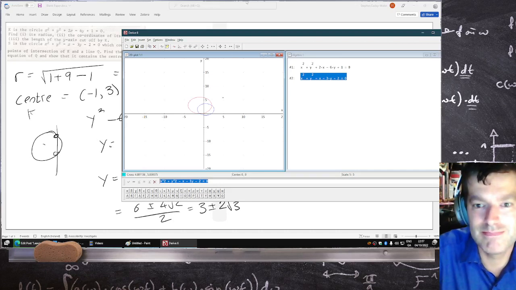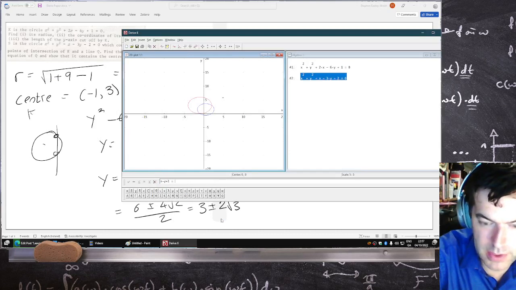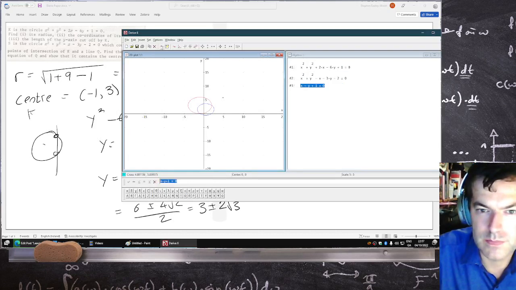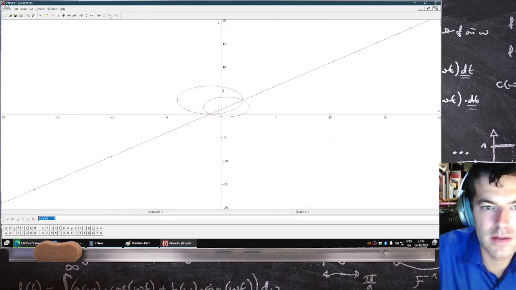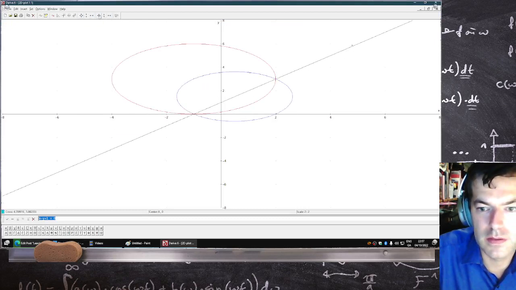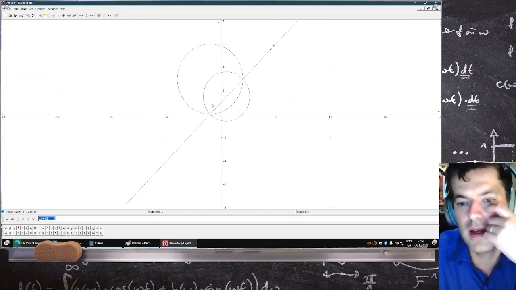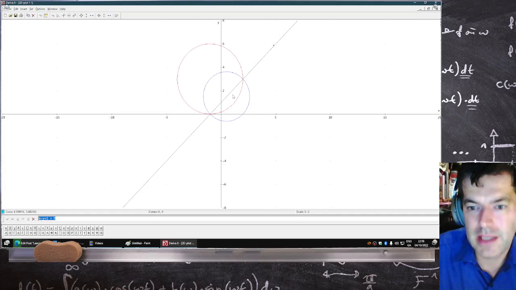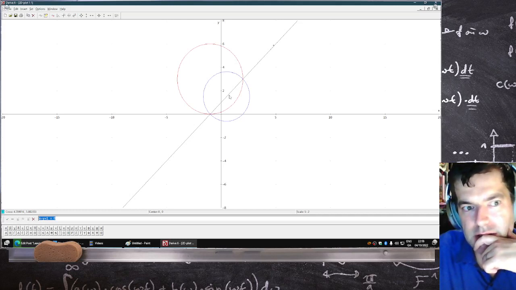Oh. x minus y plus 1 equals 0. Yeah, that's how you can draw it. So Q is the common chord and it is drawn so it passes through the center, so it can be drawn. Very interesting.